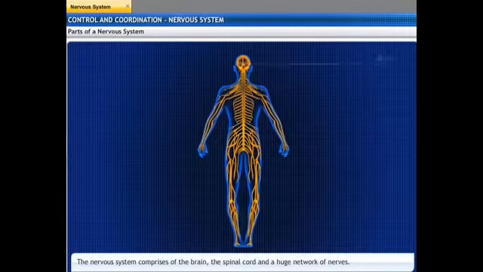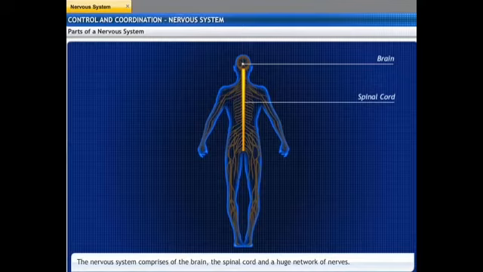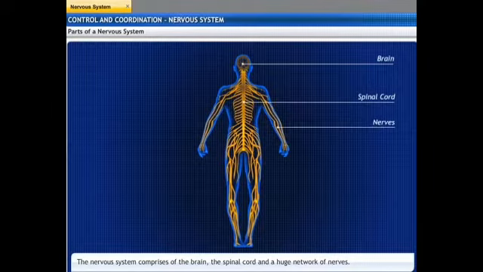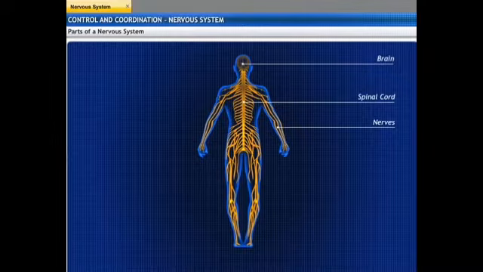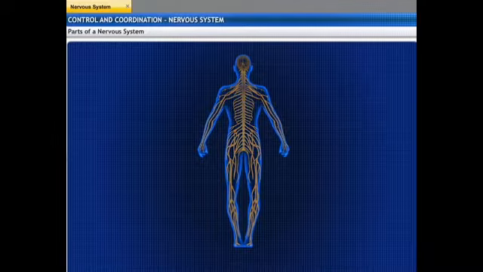Now the nervous system basically comprises the brain, the spinal cord, and a huge network of nerves which are distributed throughout the body. These nerves are responsible for the transfer of messages from the environment to the body and from the body to the environment.